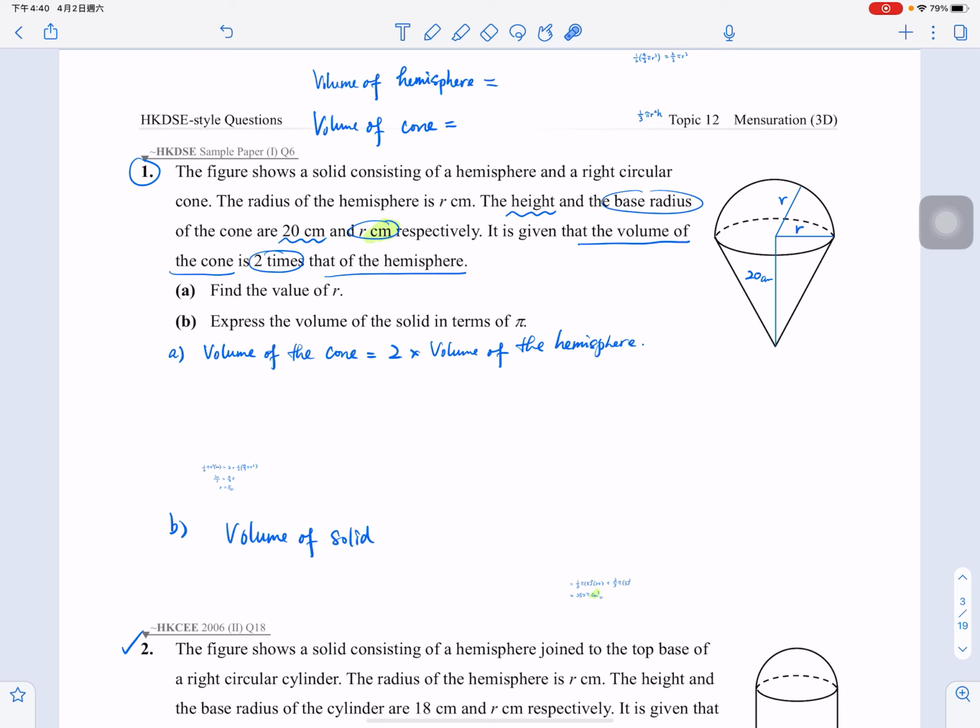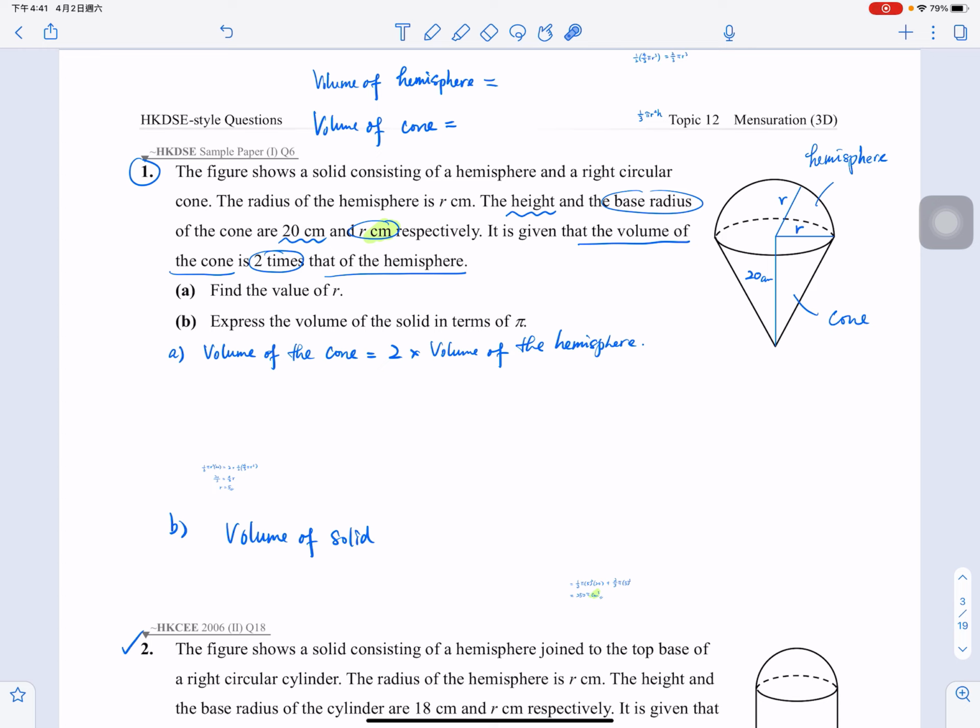Here is the height, so height is 20, base is r. Here it's given that the volume of a cone is 2 times that of the hemisphere. The cone is this one, and this one is the hemisphere, and the relation between these two is that the cone is 2 times the hemisphere.